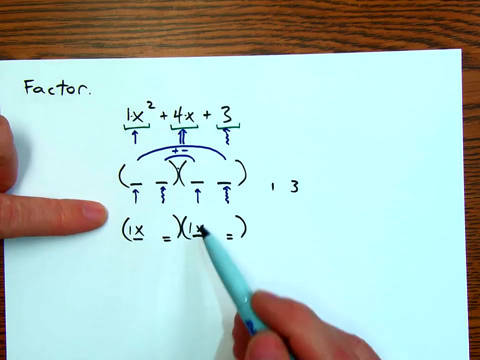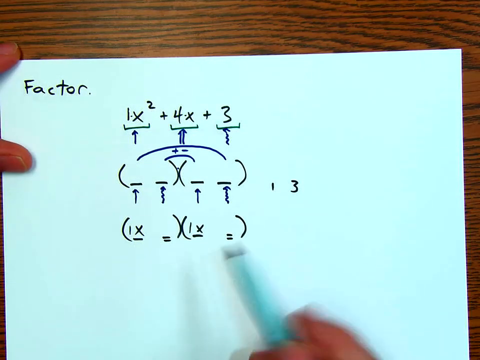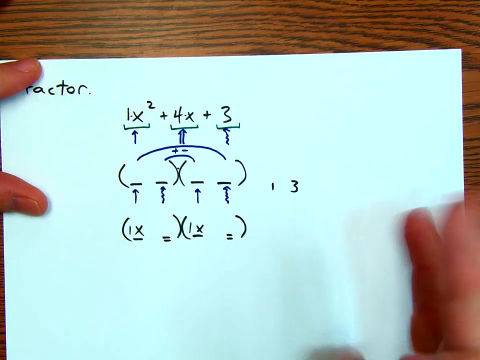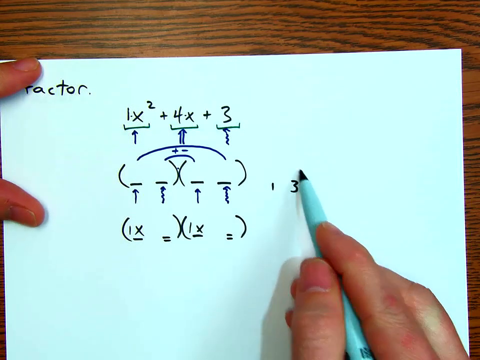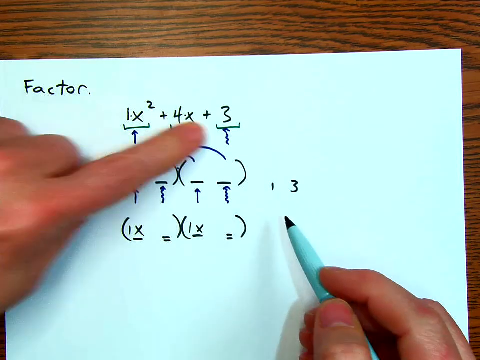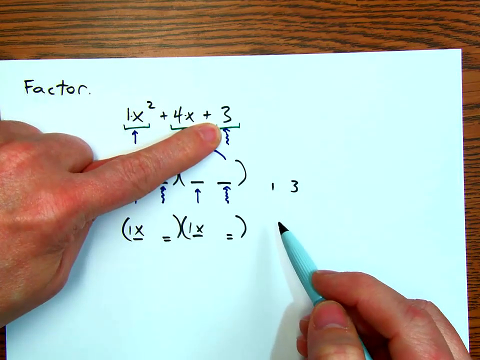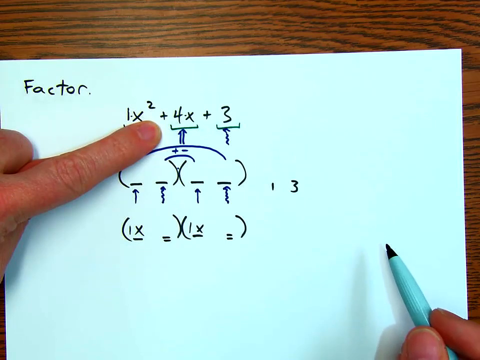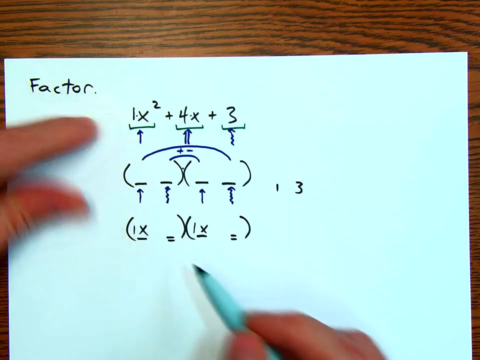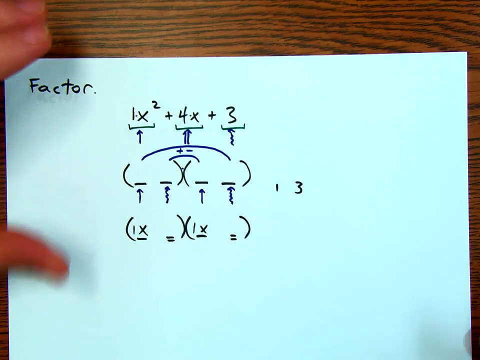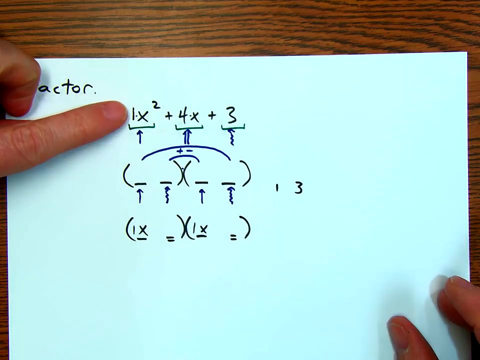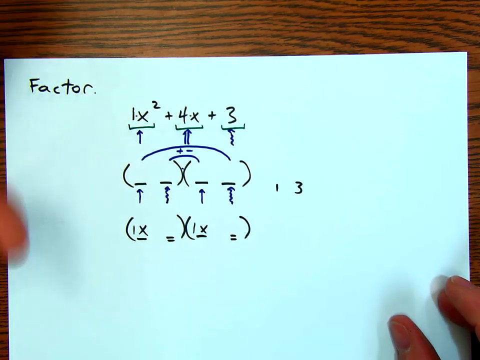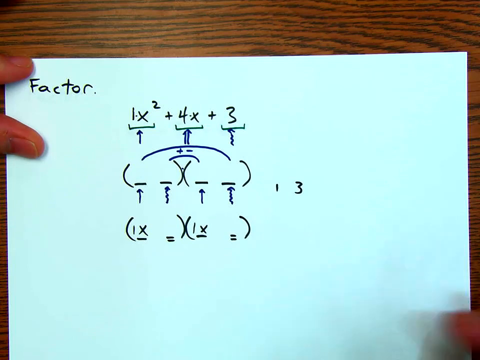So since these 2 end up being just 1, we're going to condense the method here, and we're going to say that we're really just looking for a group of the multiples here that can add or subtract to this middle term. All right, we can ignore the 1s, and we'll talk about factoring trinomials where it's not just a 1 here later on. Okay.